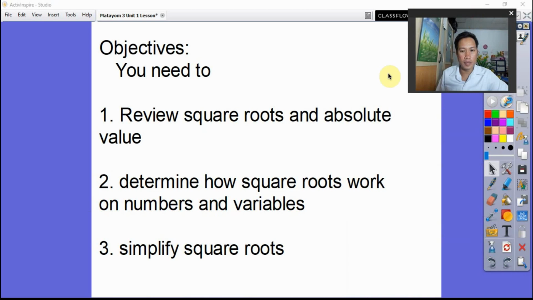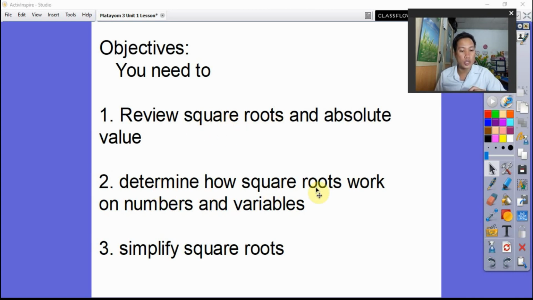Okay, let me move my face there. All right, so you need to review square roots and absolute value. I know you learned already about square roots and absolute value when you were in Matayom 1. So today we're going to review some parts on absolute value, and what you learned already about square roots.